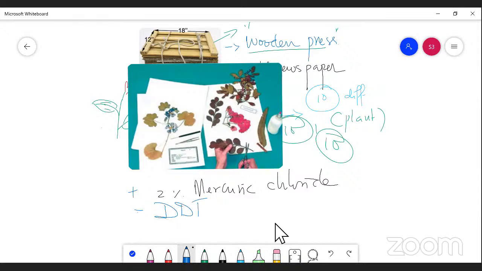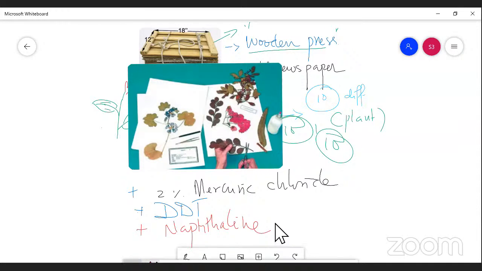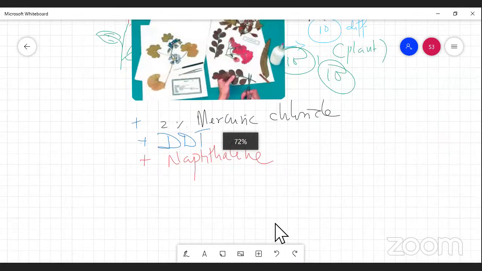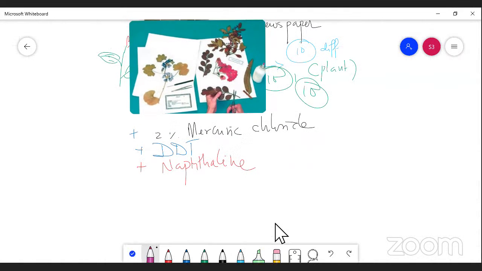And one more thing, that is naphthalene. And one more, formaldehyde. It is also used for protection. Right? So these are all the fungicides, or simply mercuric chloride.